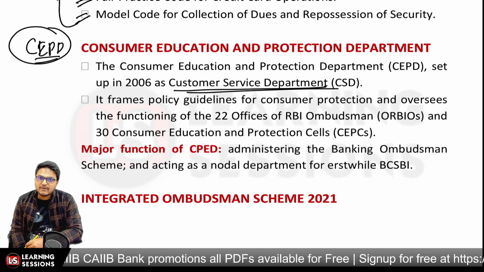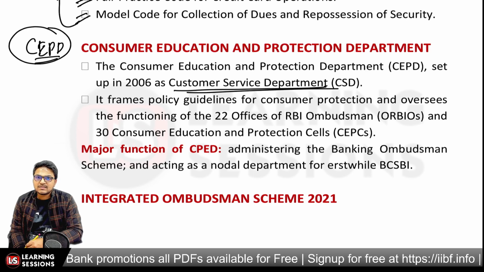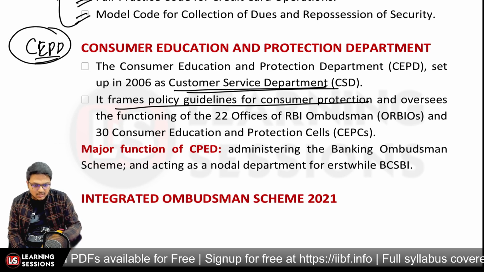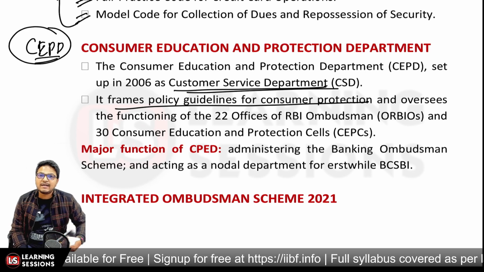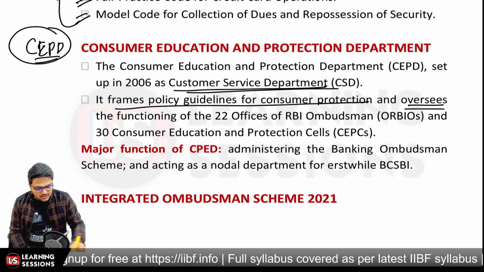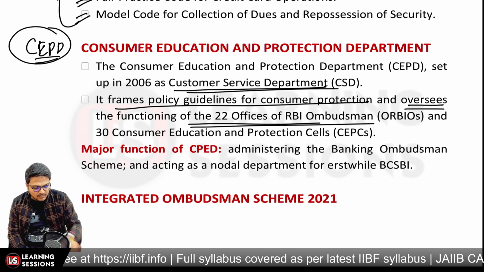And what is the main funda related to CEPD? It frames the policy guidelines for consumer protection, that is, how we can protect the customers. Consumer protection guidelines are particularly framed by CEPD, and it also oversees the operations of the 22 offices of the RBI Ombudsman.